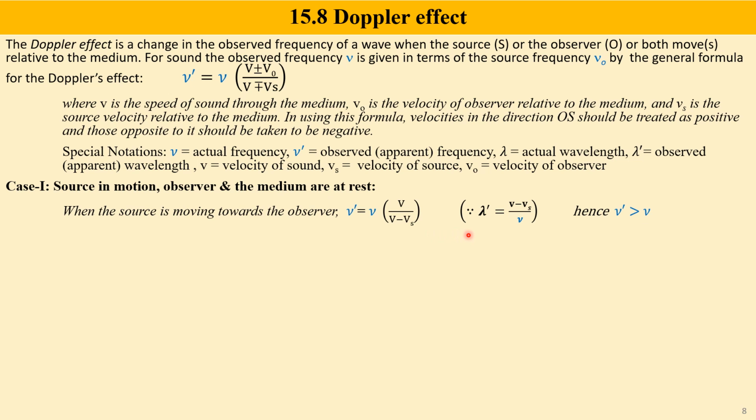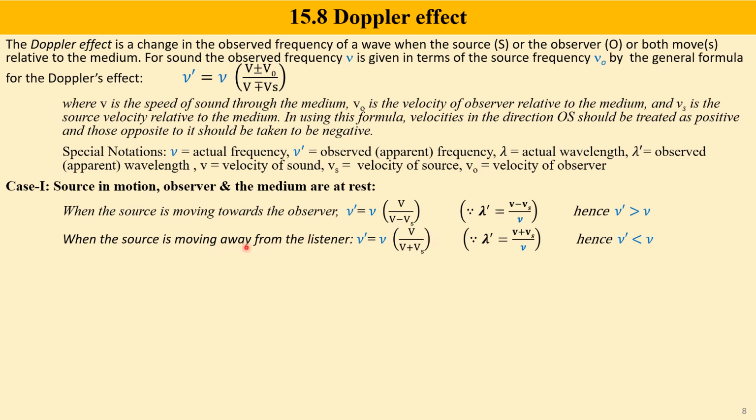Therefore, lambda dash will be equal to V minus Vs divided by nu. Hence, nu dash is greater than nu by the factor V divided by V minus Vs.